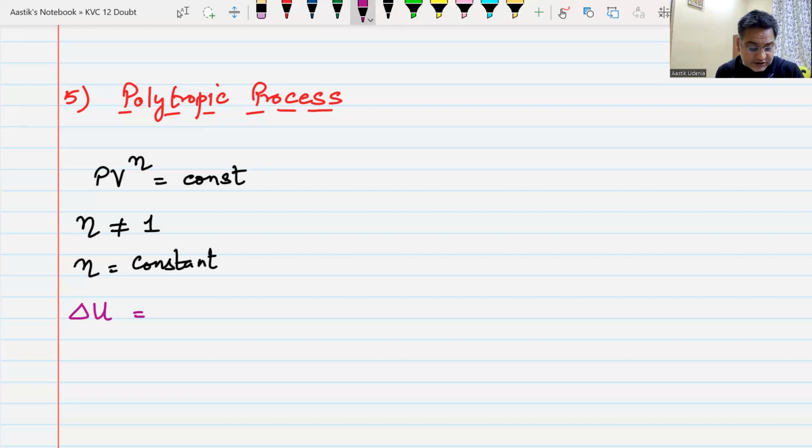How do I find the change in internal energy for this process? Any idea? No idea, sir.